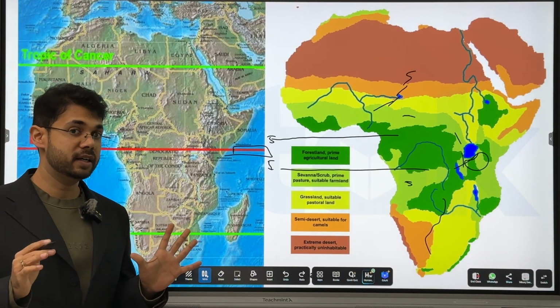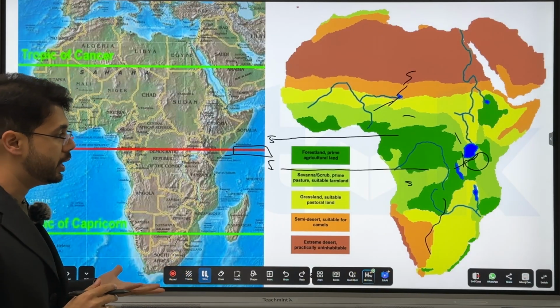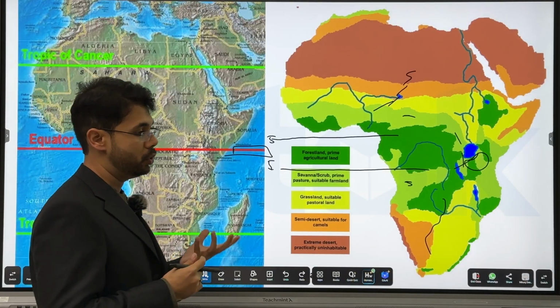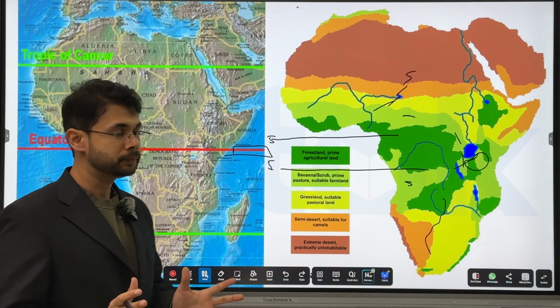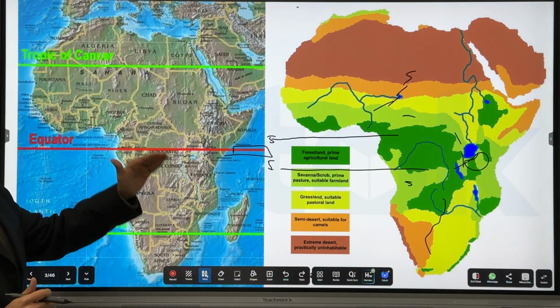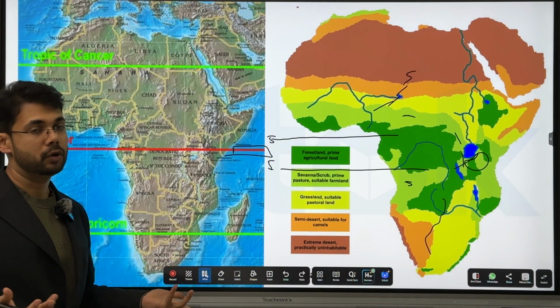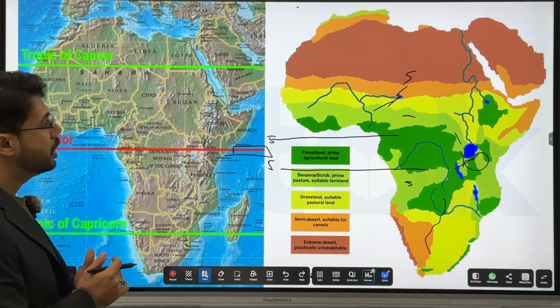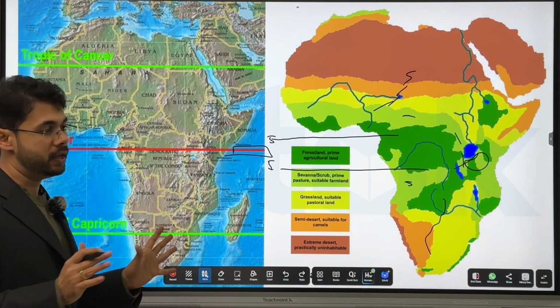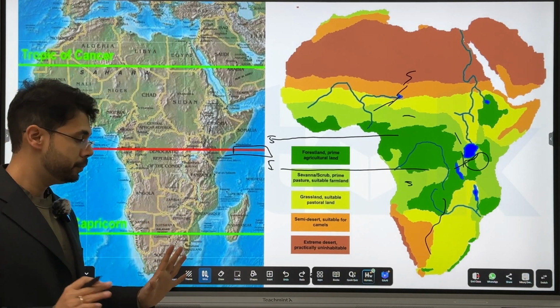If you ever get confused about how to study biogeographic regions, you refer to Africa. It covers most, and of course not all, because polar regions are missed out, but it will give you a very good general idea.